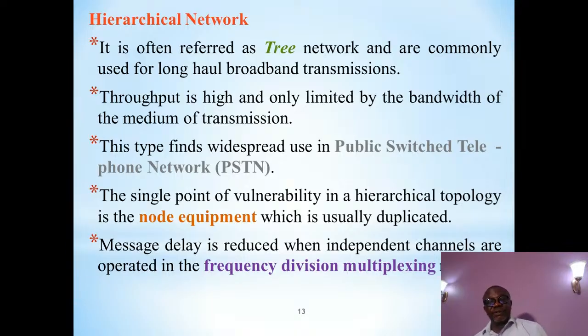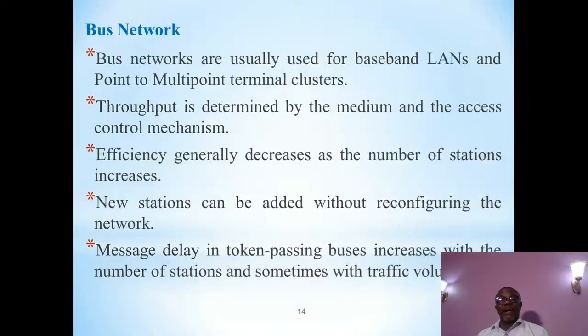In some cases, we call it a parallel working channel, to make sure that when one channel drops, the other one takes over immediately without the user even knowing that something has happened along the line. Message delay in a hierarchical network is reduced when independent channels are operated in the frequency division multiplexing mode. Like I said, some of these terms we will continue to define so that you become abreast of them.